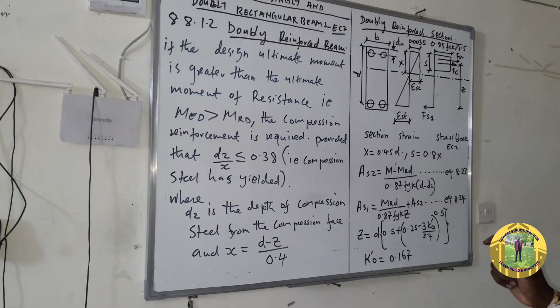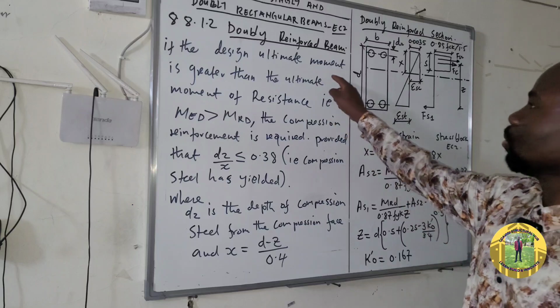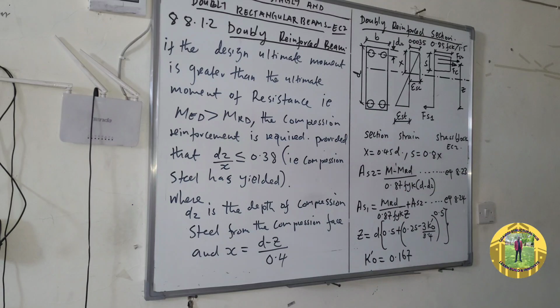So you will only design a doubly reinforced beam if the design ultimate moment is greater than the ultimate moment of resistance. This means before you start designing a beam, you have to determine its design ultimate moment, and also its ultimate moment of resistance, so that they can guide you on whether you will design a beam as singly or doubly reinforced.